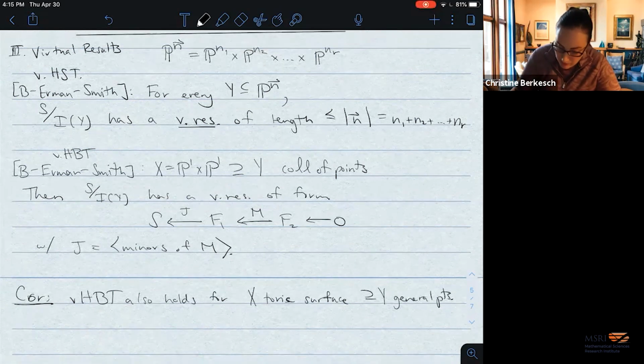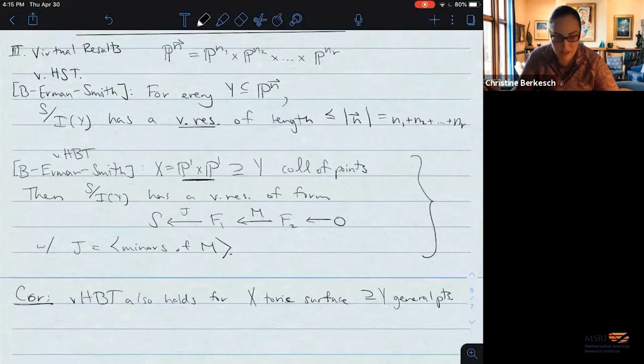And specifically for P1 cross P1, I just wanted to point out a nice paper of Duarte and Seslianu where they use this free resolution, or this virtual resolution, to compute residual resultants over P1 cross P1.